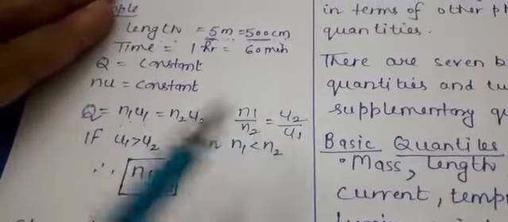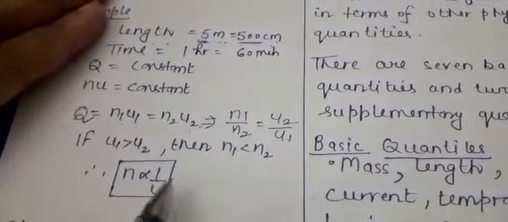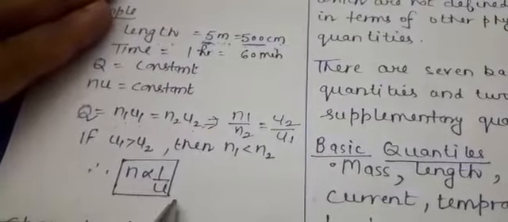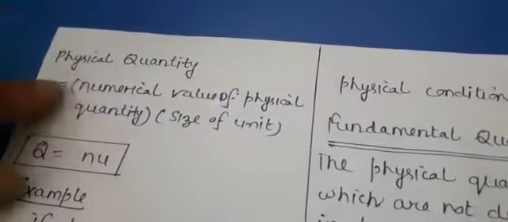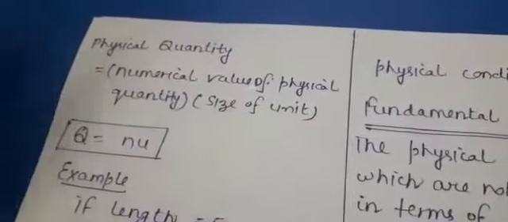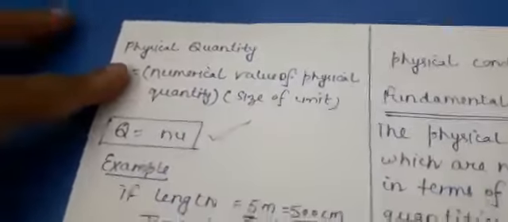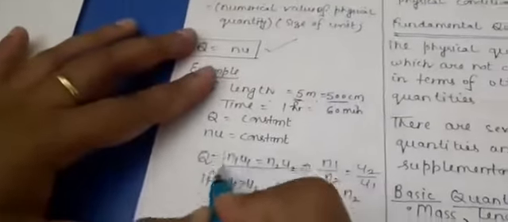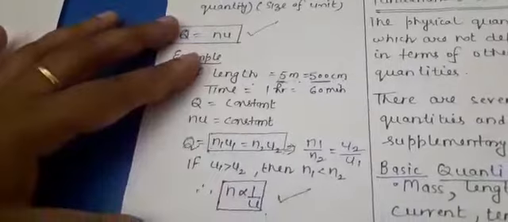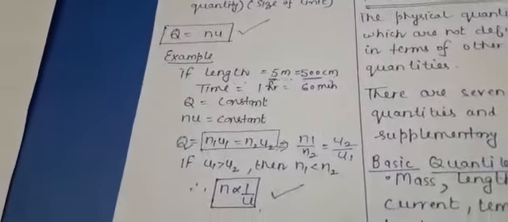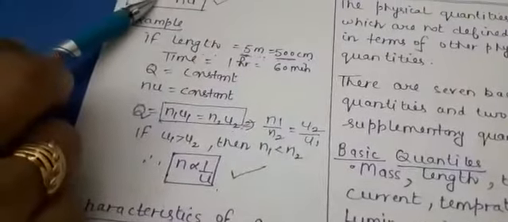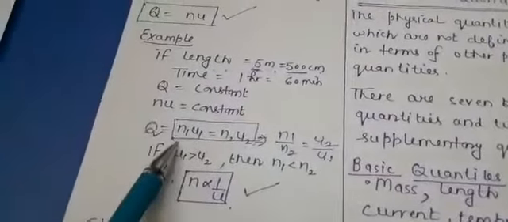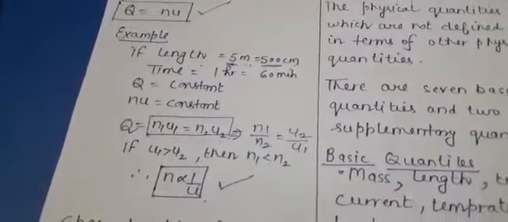So what you conclude from this is that the numerical value is inversely proportional to the unit. So from all this explanation of physical quantity measurement, what you have to remember is this result and these points. These are all related to each other. This is simply a single point, but in a nutshell you have to remember that the quantity Q is equal to NU, given by this one and this one.